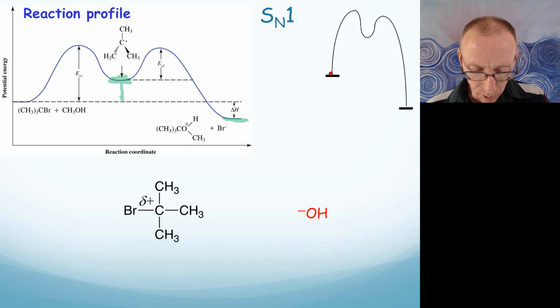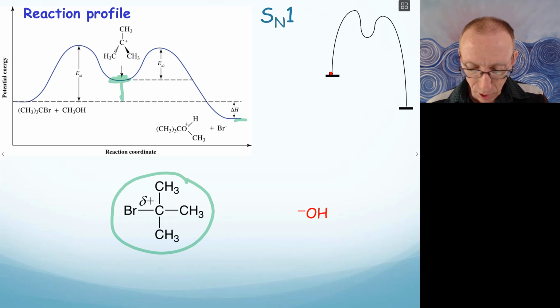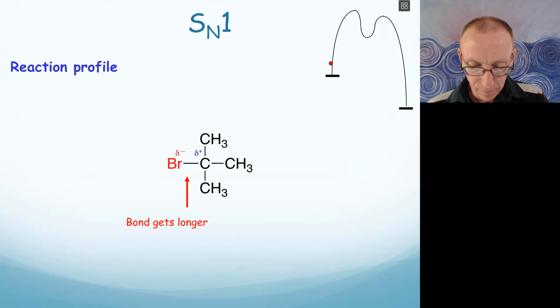Okay, so if we look at that energy profile with the tertiary alkyl bromide reacting with hydroxide, let's have a look at how that occurs. Firstly, the bond between the carbon and the bromine gets longer. There's no nucleophile involved.